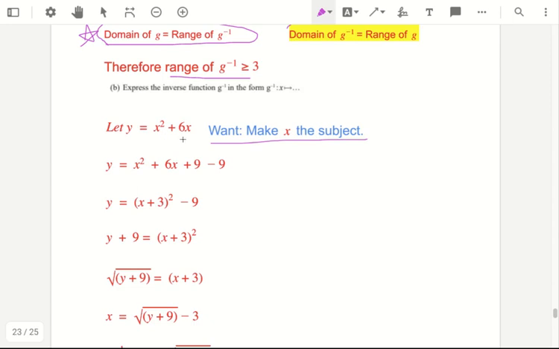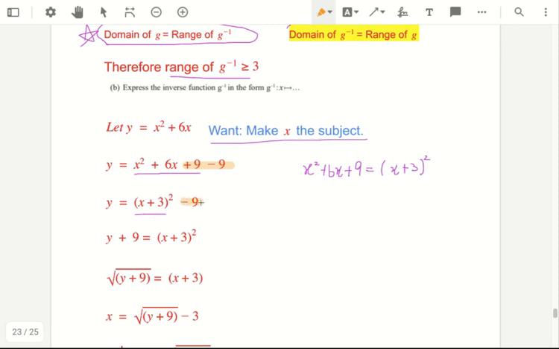So x squared plus 6x. To complete the square, I need to add 9, because x squared plus 6x plus 9 is equal to (x plus 3) squared, right? And because I added a 9 here, I have to minus 9.